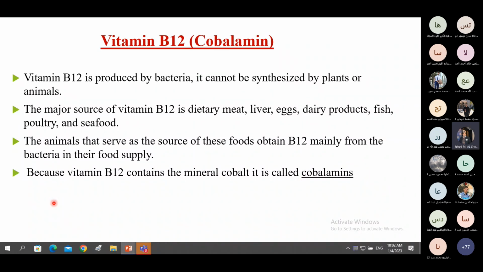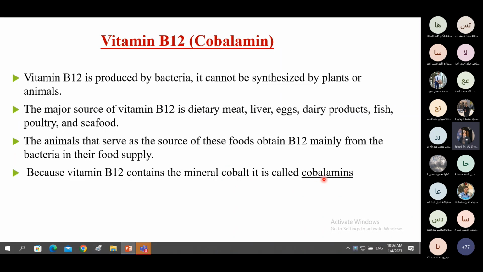Now we will start with the second vitamin in our lecture, which is vitamin B12, also known as cobalamin. Why do we call vitamin B12 cobalamin? Because vitamin B12 has the mineral known as cobalt. So which mineral is present in vitamin B12?